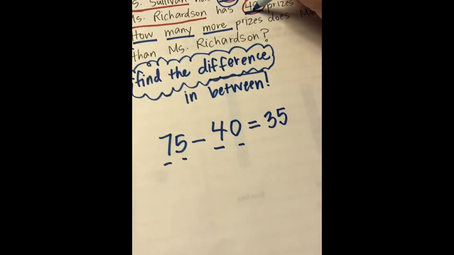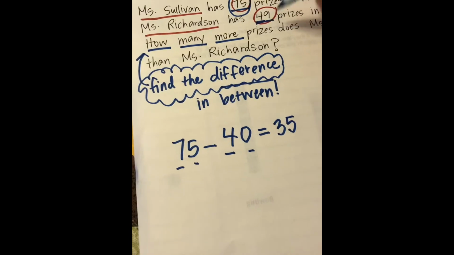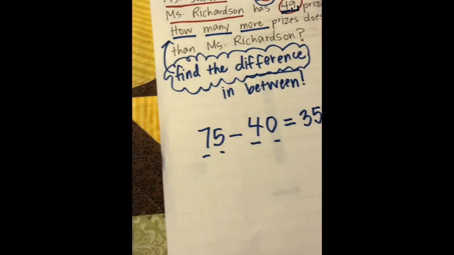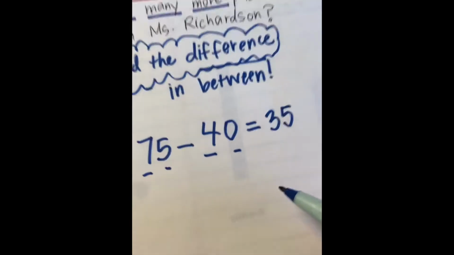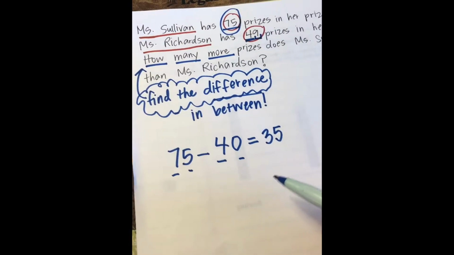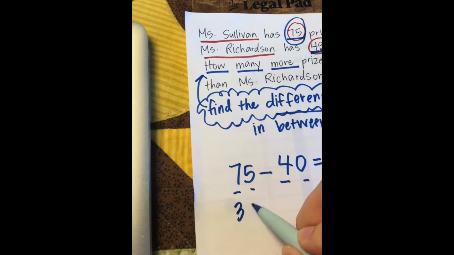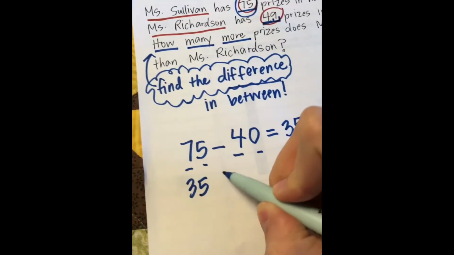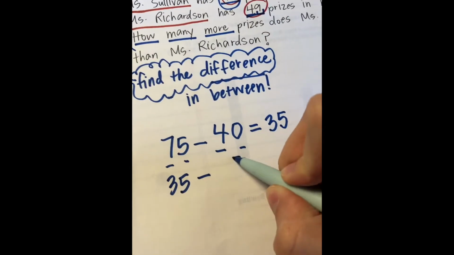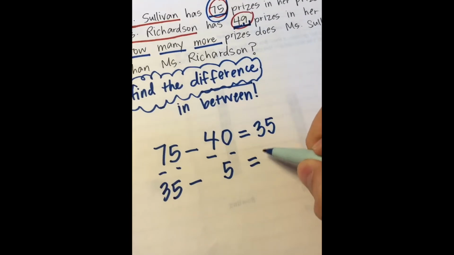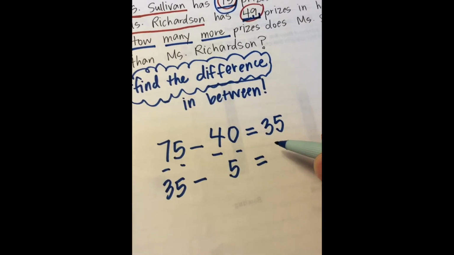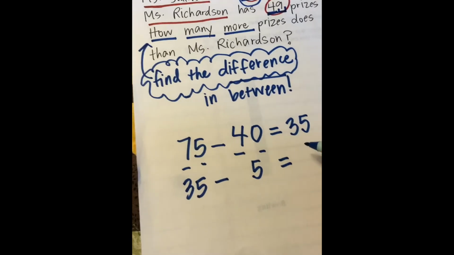But did we take away the whole number 49? No, because there's also 9 loose. So we've been talking a lot about finding friendly numbers, and a friendly number is a number that ends in 0. So instead of taking away 35 minus 9, we're going to do 35 minus 5 first, because that's going to help us subtract the numbers in an easier way and not have to count on our fingers.